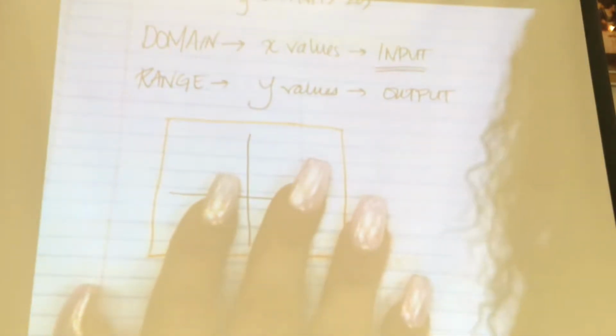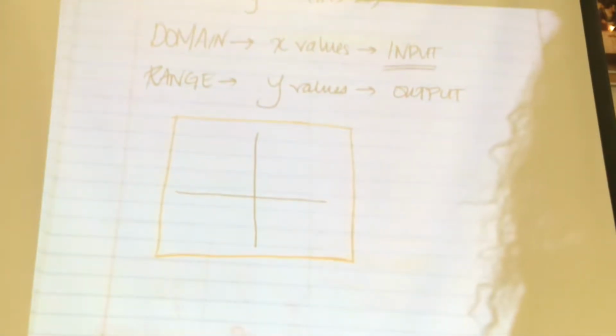So let's imagine you're looking at your graphing calculator, or let's imagine that you're graphing something. Here's your screen. Here's your Cartesian plane. And here's your graph.